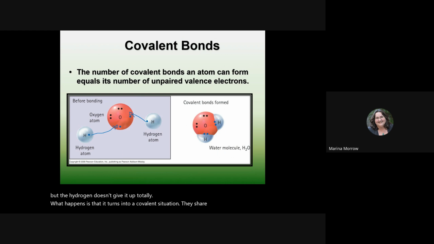These electrons zip around the hydrogen and around the oxygen. So they're sharing those electrons, and so the hydrogen isn't completely abandoned by its only electron. But again, covalent bonds then are very tight because the electron has to be shared.